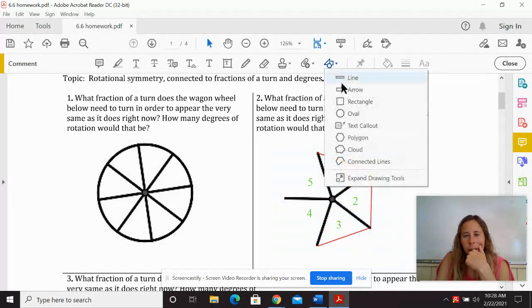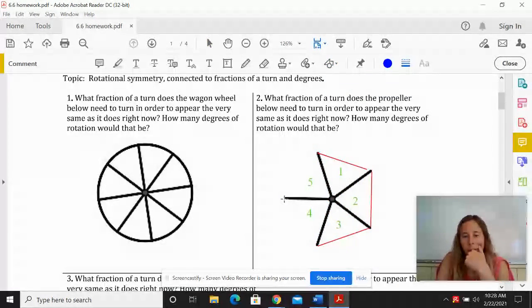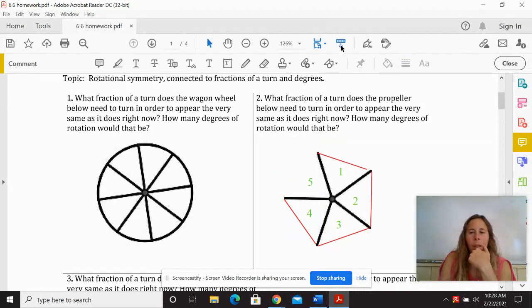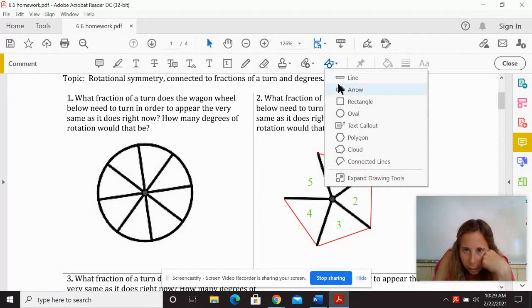Three, and another. You don't have to do this, but if it helps you see how many sides, then do it. Connect all of them. Hold on, I got it.